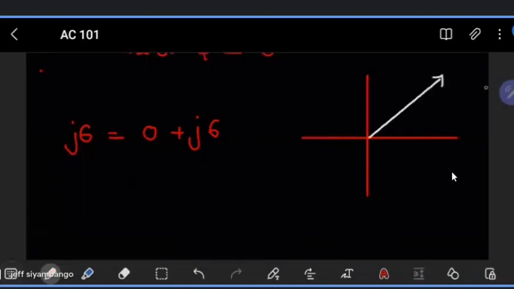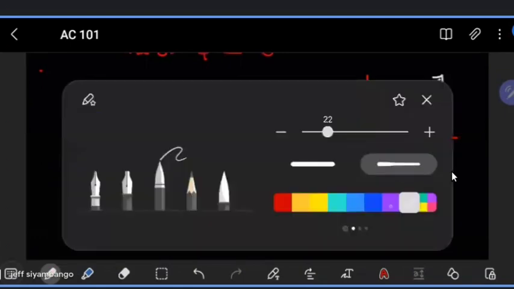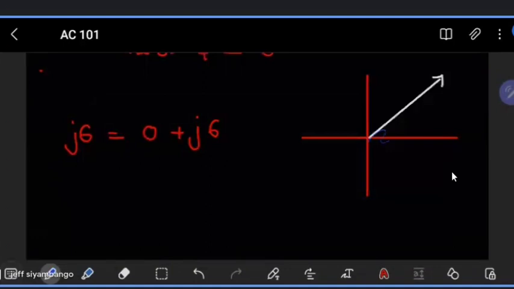So this is the complex number. But to get a complex number, we look at two things. The x component, which is this one, and if I label this as x, this x is given by, let me take the magnitude as Vm, Vm cos the phase angle phi, with the phase angle being this one here.